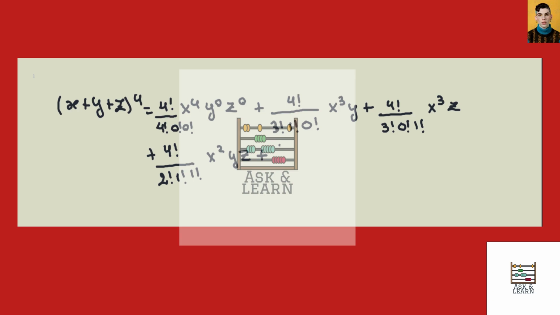We also could have selected 2 x's, 2 y's, and no z. So 2 x's, 2 y's, no z. We could have done the same, but instead choosing 2 x's, no y's, and 2 z's. So we have x squared, z squared.